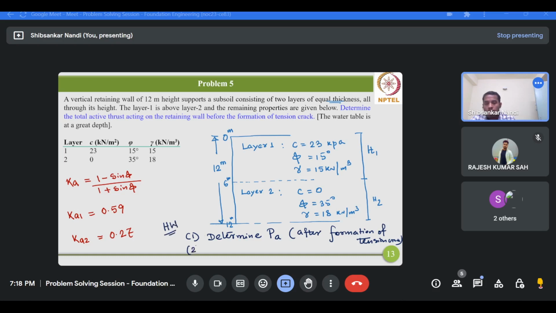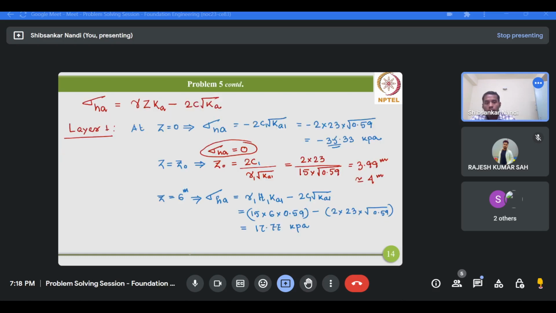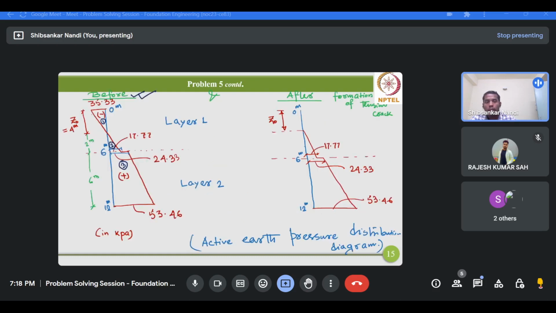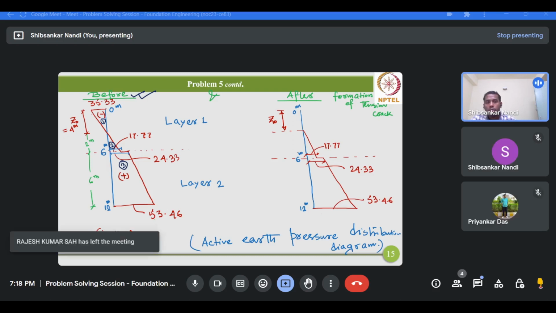And second, for determining the resultant active thrust considering after formation of tension crack, this distribution you should consider.